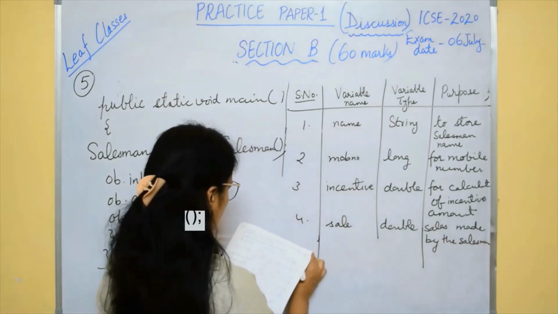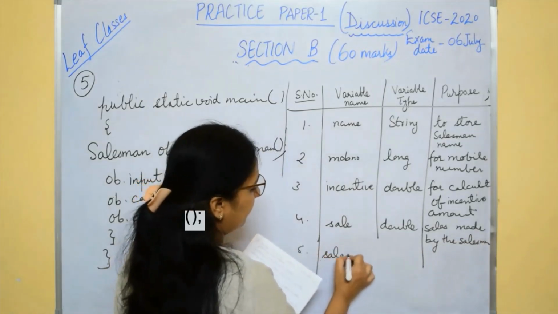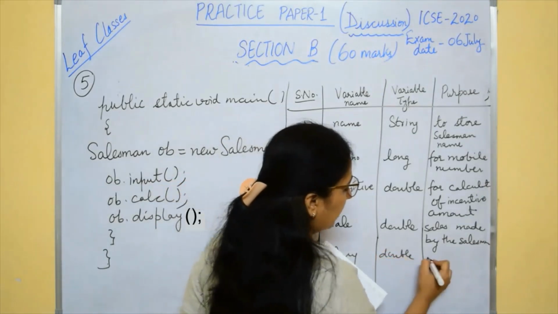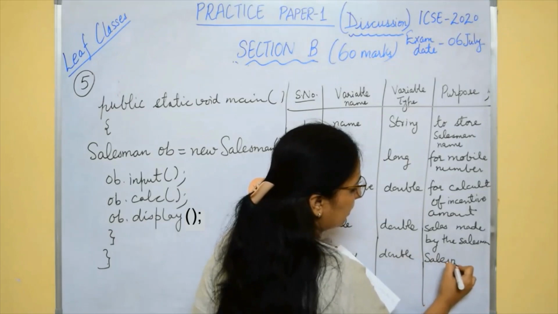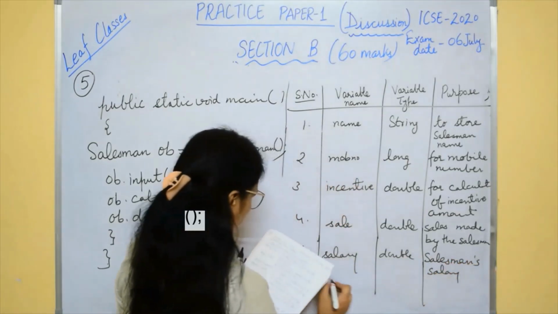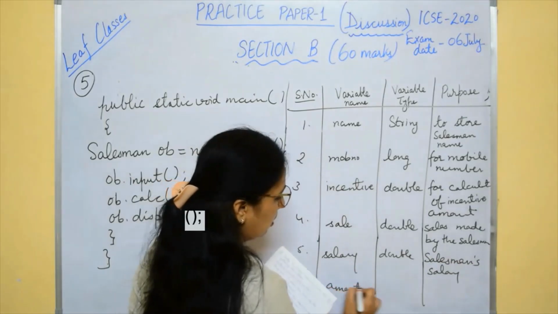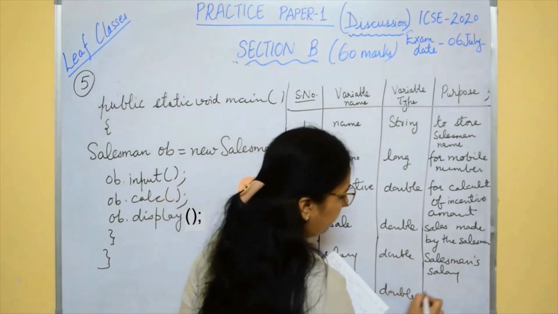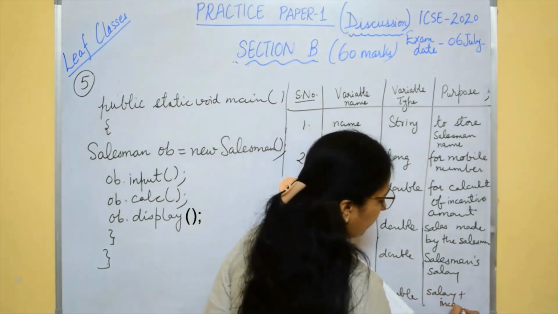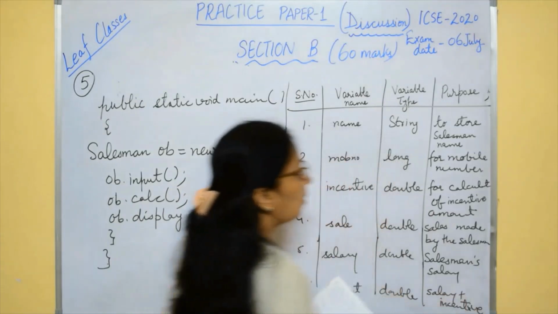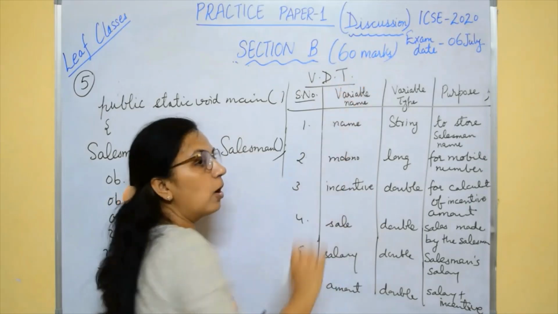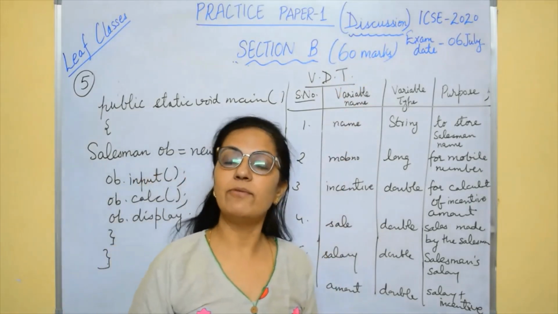Then you have salary, double, salesman's salary. Then you have amount, double, salary plus incentive. So this is how you will write variable description table for each and every program which you will be doing in the paper.